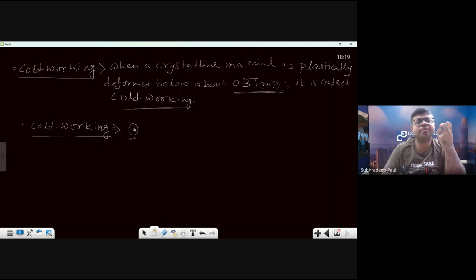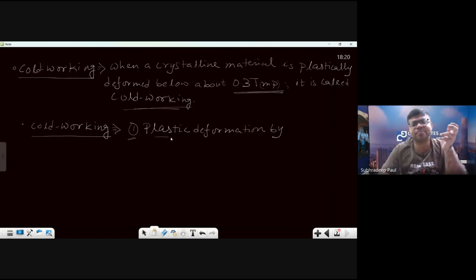In the process, I am doing certain things. Number one, we are increasing the dislocation density of the material because plastic deformation is taking place. And why is the plastic deformation taking place? That is because of the slip by the dislocation.